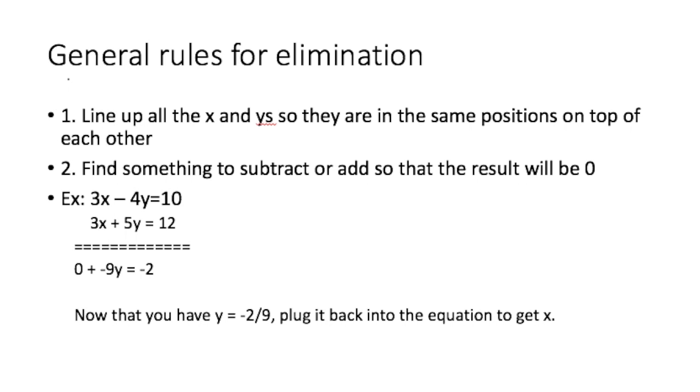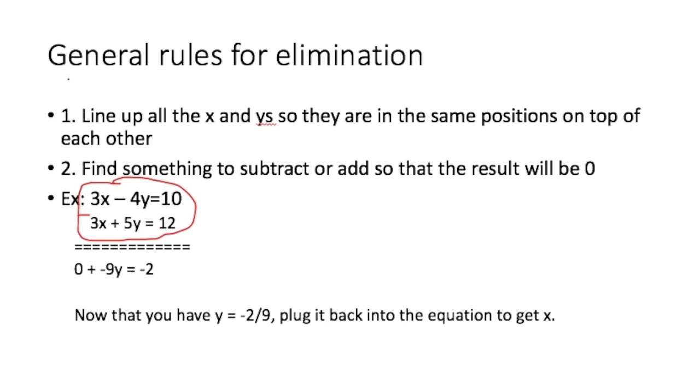As you can see, the general rules for elimination are you want to line up all the x's and y's in the same positions on top of each other. This way you can add or subtract accordingly to get 0 on one of them, on x or y. In this case, we're subtracting because we have a 3x and a 3x, so 3x minus 3x is going to be 0.